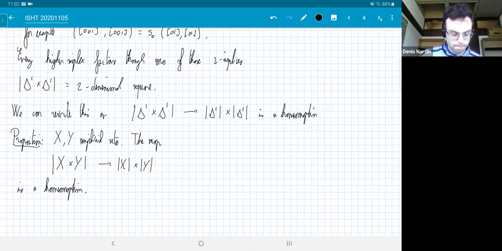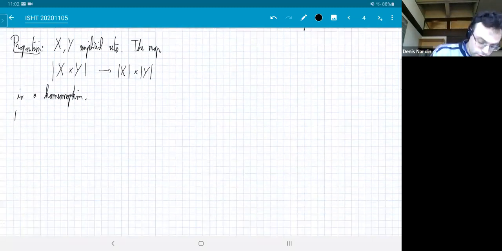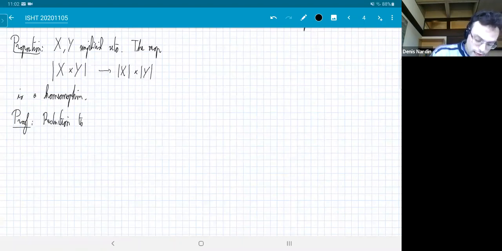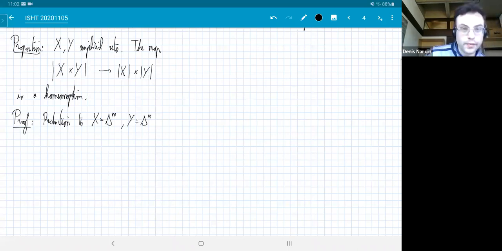Okay, and then I'm going to sketch the proof. The sketch of the proof is a reduction to X = delta M, Y = delta N, and then doing a combinatoric argument similar to the one I did earlier, but I don't want to spell it out in detail because it's a bit annoying.